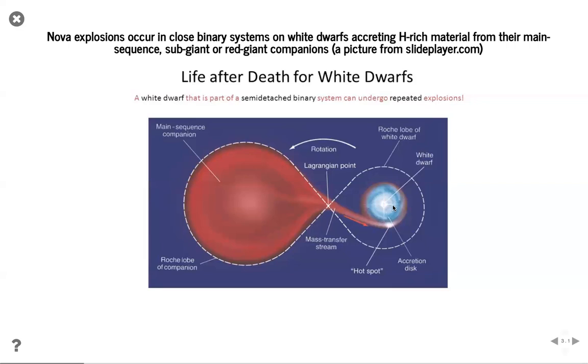It can repeat. So this sentence says a white dwarf that is part of a semi-detached binary system can undergo repeated explosions. This is the basic physics behind classical nova thermonuclear explosions.